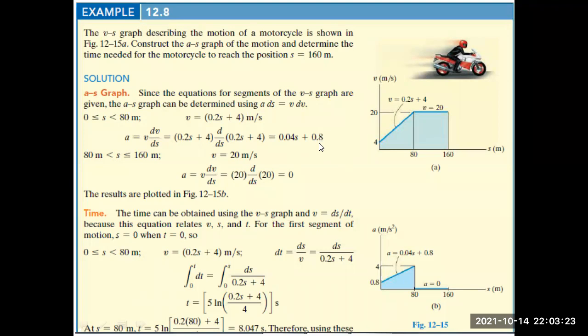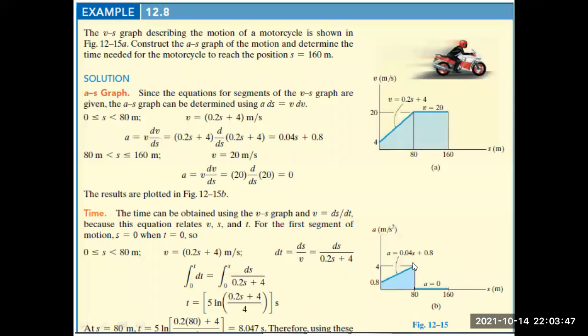How about when you plug in 80? You plug in 80 times 0.04, added to 0.8, and you will get 4. So you get this line with this inclination, with this slope.